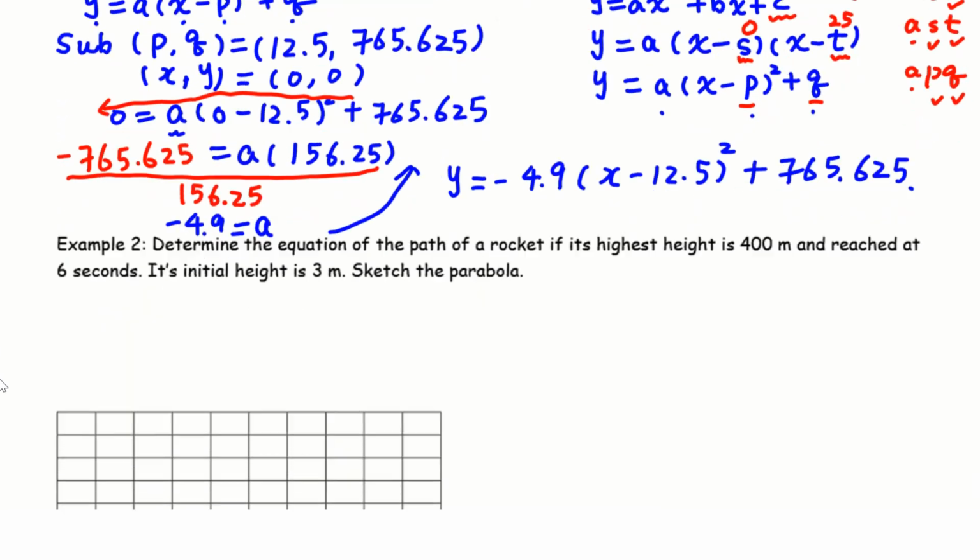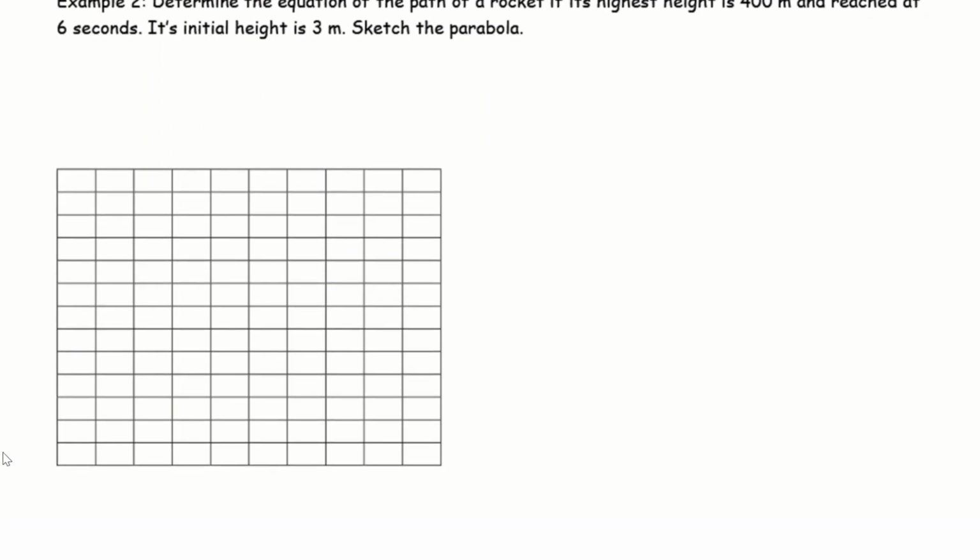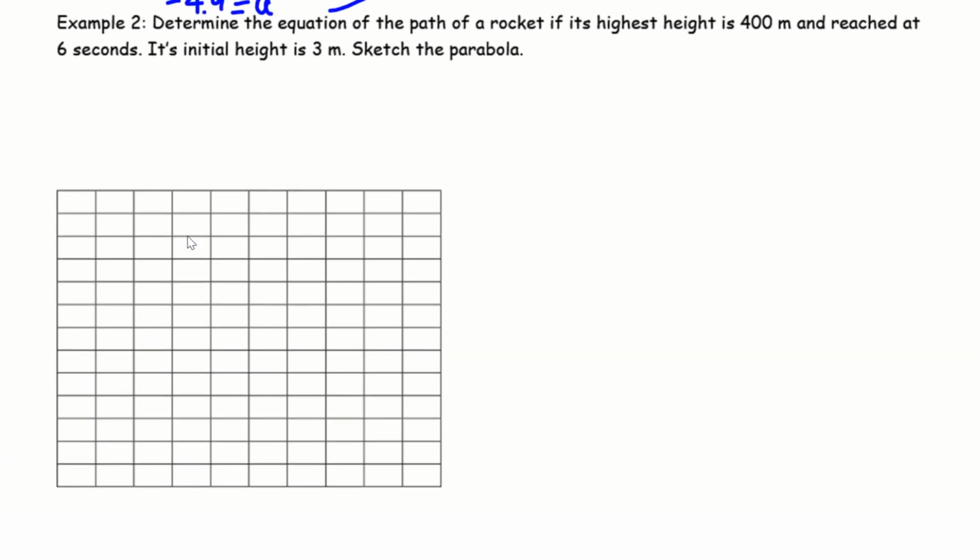Okay, now we are going to look at the second one. Determine the equation of the path of a rocket if its highest height is 400 meters, and I think I changed that to 503, at 10 seconds, and the initial height is 3 meters.